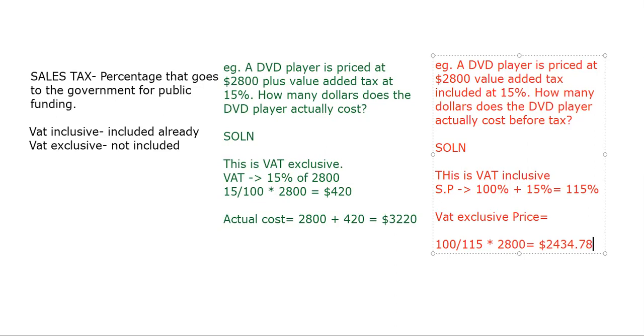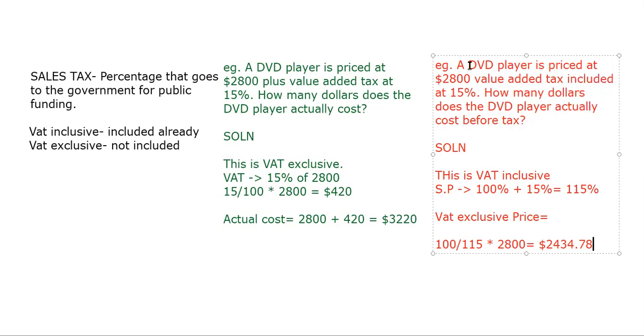And if you want to make sure, you can work out 15% of this 2,434.78. And when you add that 15% back to 2,434.78, you will get $2,800. So that's how VAT inclusive and VAT exclusive work. Let me just explain this one more time. The VAT inclusive one, the VAT is already inside. So this 2,800 here is 100% plus the additional 15%.